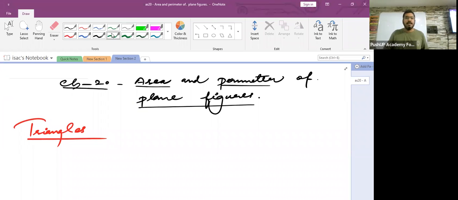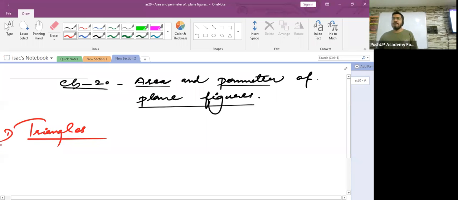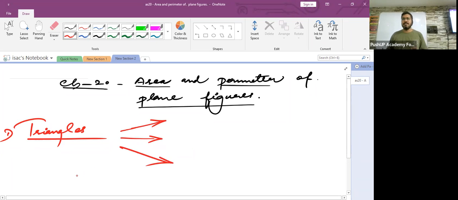The first plane figure is triangles. When I say triangles, there are 3 or 4 different triangles which you have to deal with in the very same chapter. The first triangle is a scalene triangle.